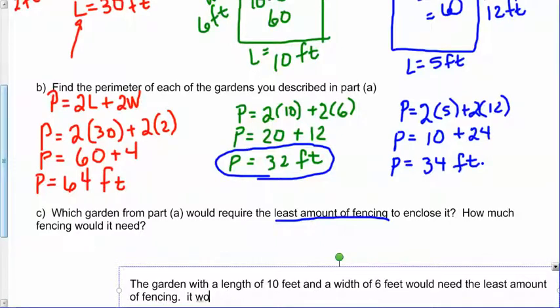Let's go back and use proper English here. It would need how many feet of fencing? Remember that was the perimeter. It would need 32 feet of fencing. And so that's how we would finally answer the last part of that question.